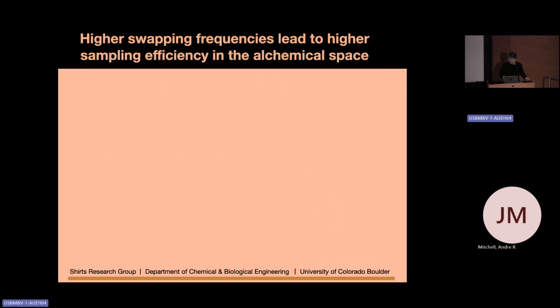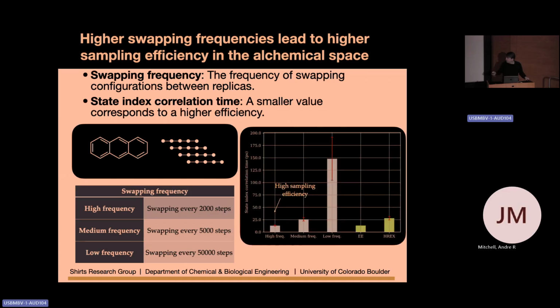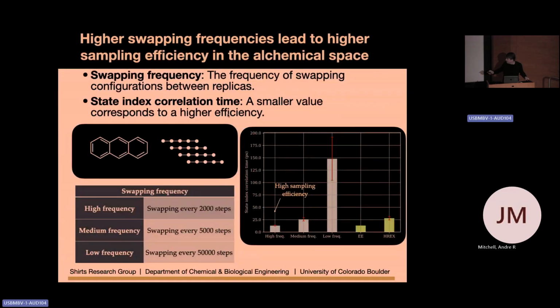We've done a lot of testing to see how this works out. Obviously, higher swapping efficiencies lead to higher sampling efficiency in the alchemical state. If you swap too slowly, every 50,000 steps, your state correlation index, how long it takes to go all the way up and down the chain, is long.